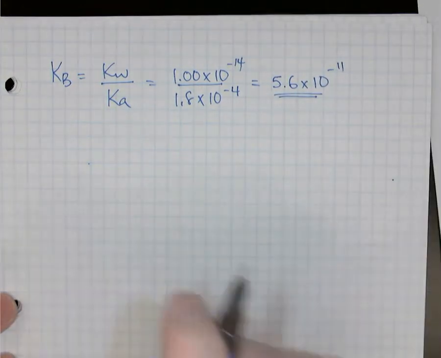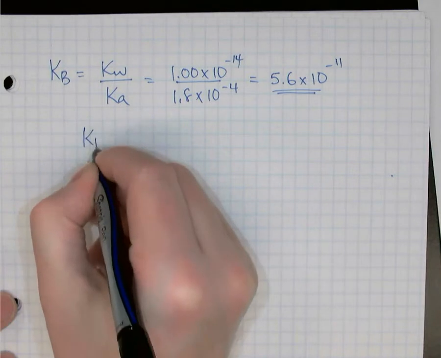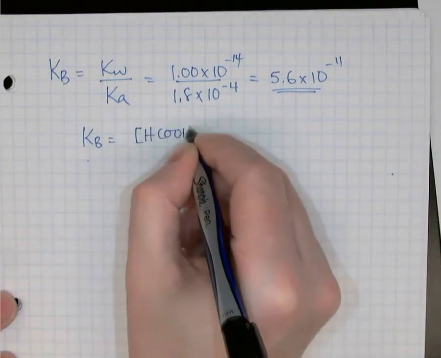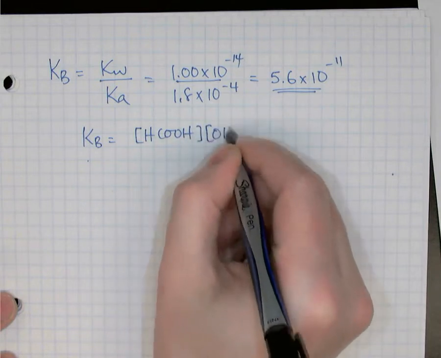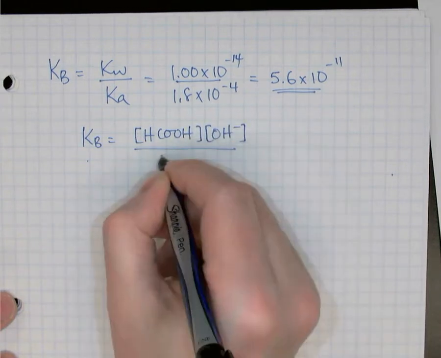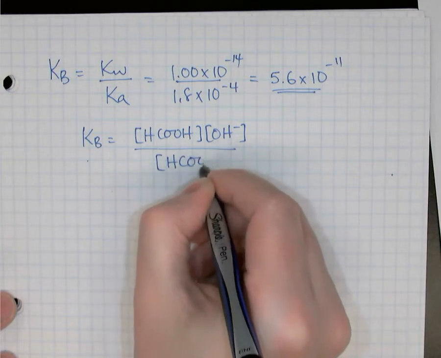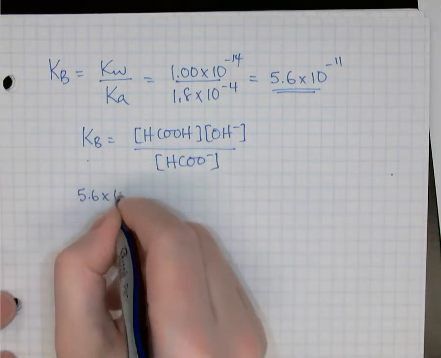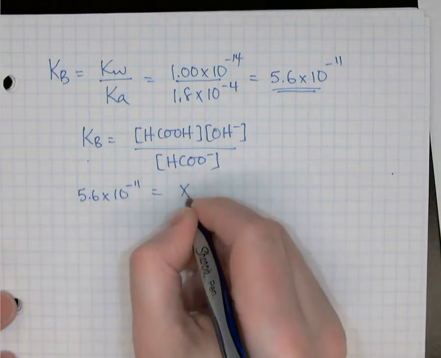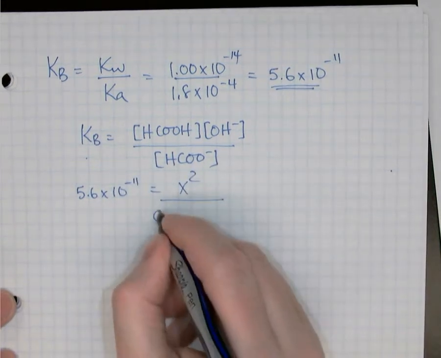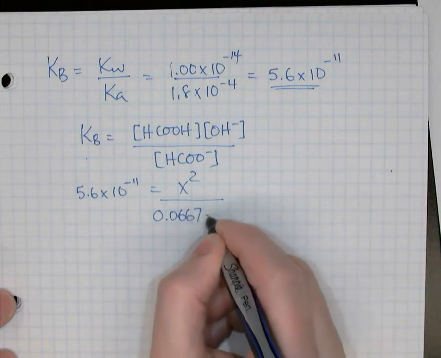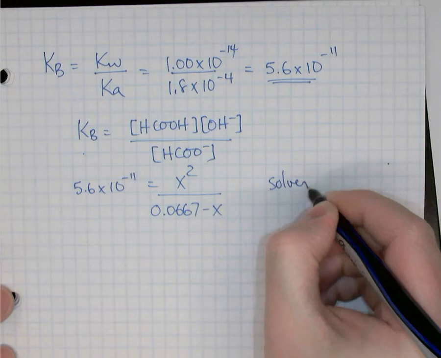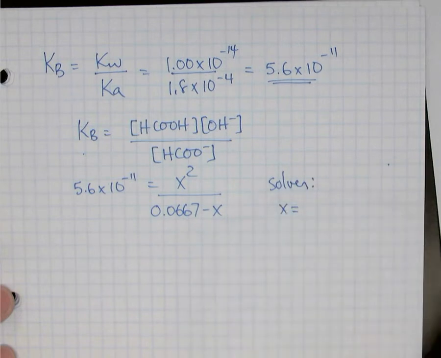So taking our Kb expression, the Kb will equal the concentration of the formic acid times the hydroxide concentration over the formate concentration. 5.6 times 10 to the minus 11 will equal x squared over 0.0667 minus x. I'll use my solver on my calculator.